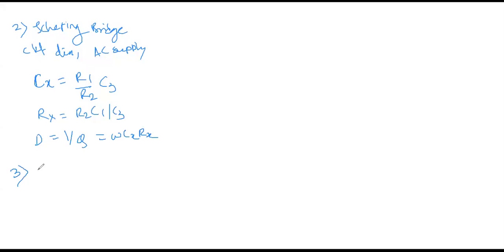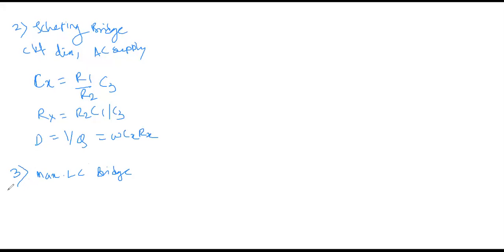Then we have discussed which bridge? Maxwell's LC bridge. In Maxwell's LC bridge, a capacitor is in parallel with a resistor and an inductor is in series with a resistor in the fourth arm.